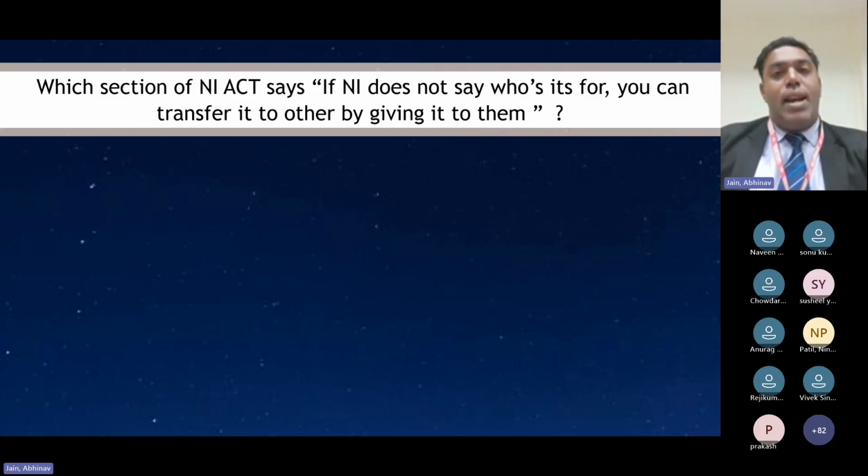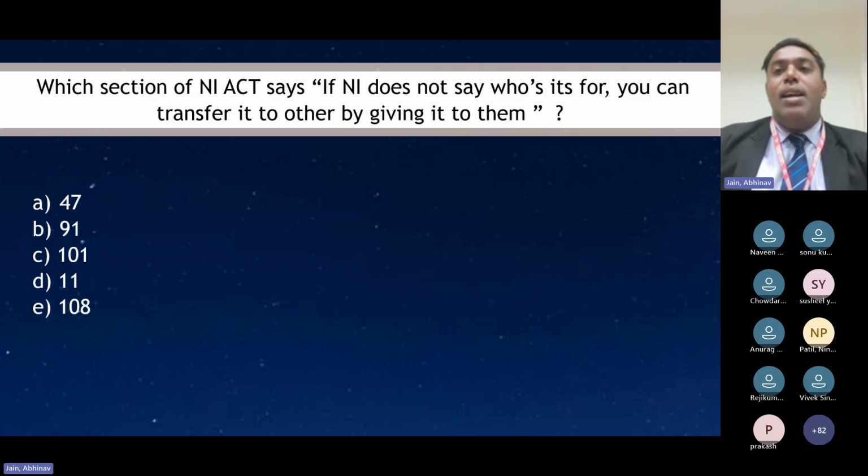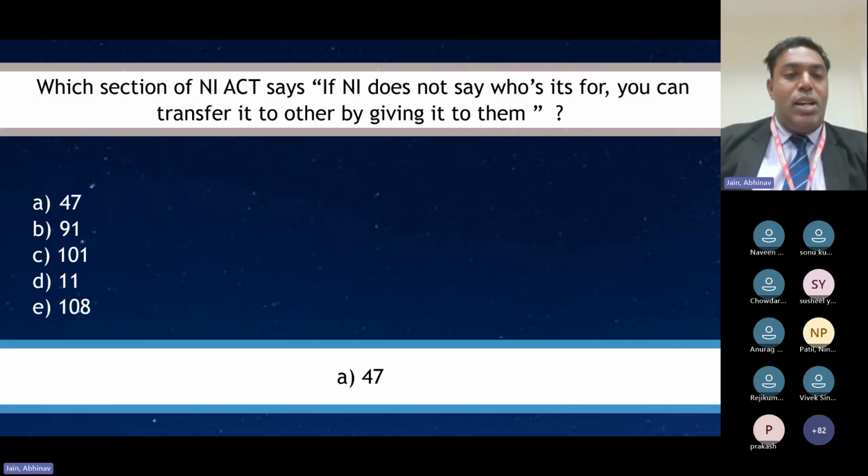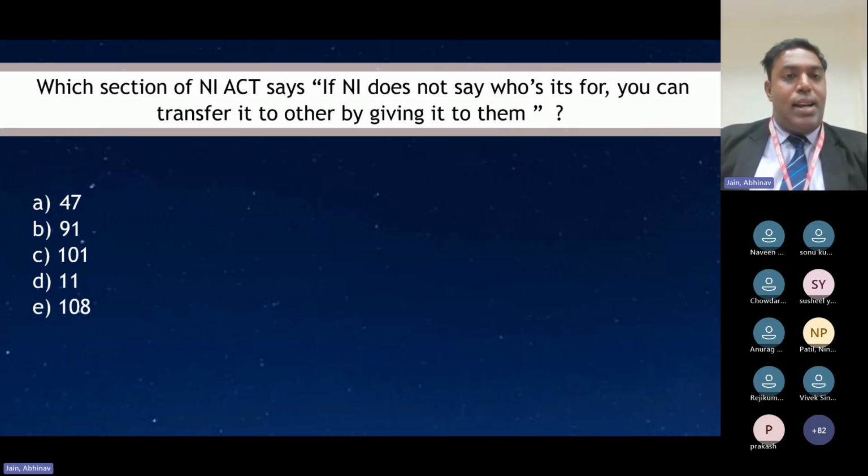Which section of NI Act says that if an NI does not say whose it is for, you can transfer it to another by giving it to them? Like if it is not clearly mentioned on a negotiable instrument to whom it belongs, you can transfer it to another just by the transfer. What is the correct answer?